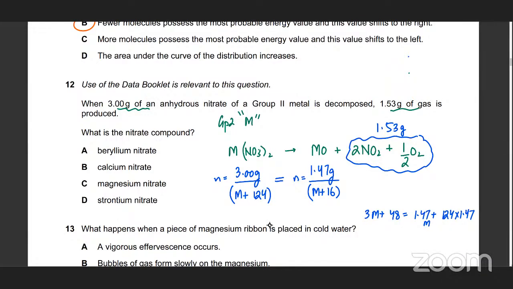That's 3M minus 1.47M, that's 1.53M. This would be 124 times 1.47 minus 48, I think. And then divide the whole thing by 1.53. Okay, hopefully I've done the math correctly. Try and now tell me the value. What's the value that you're getting?